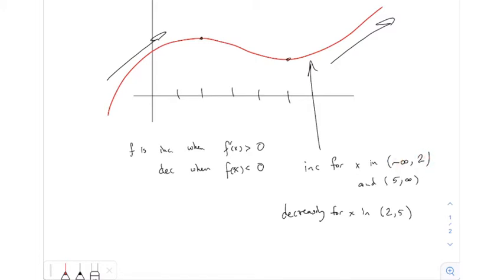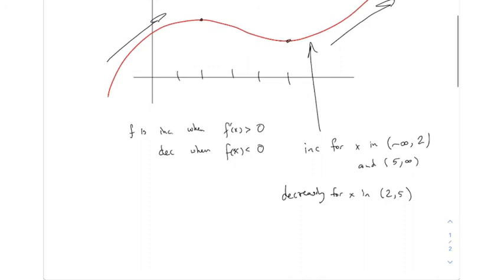Right at 2 is this point right here. Specifically at x equals 2, the function is not increasing or decreasing there. So technically, where it's increasing is only up to but not including 2, and so on. It's always going to be open intervals for this increasing versus decreasing thing. All right?